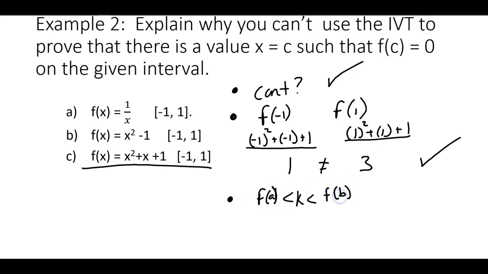Actually, I'm going to mess with these arrows a little bit because sometimes the arrows don't go the same way. So for now, I'm just going to put it like this. Is the k value between f of a and f of b? Well, f of a was 1 and f of b was 3. My k value, I'm looking for where k equals 0, is 0. Is 0 between 1 and 3?